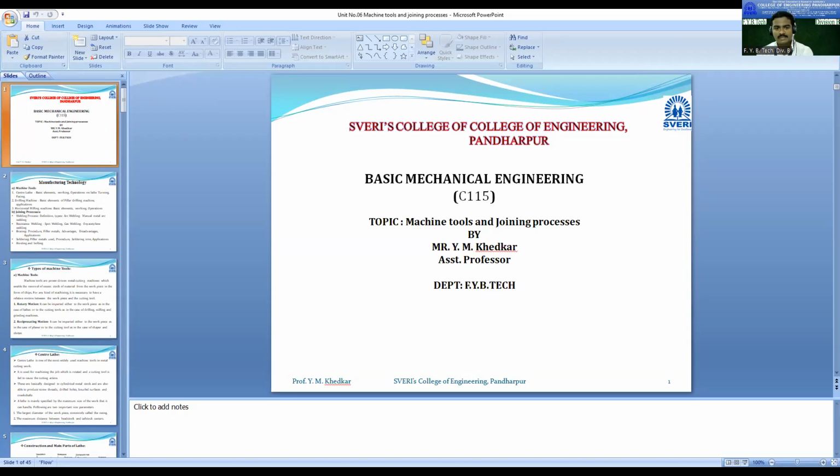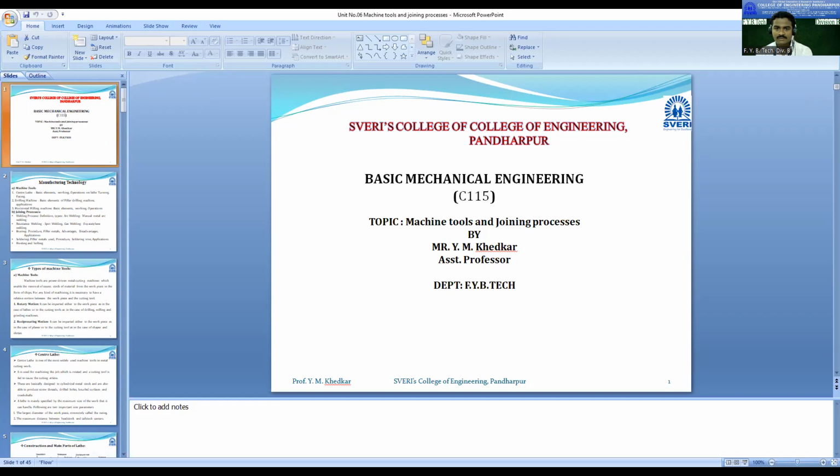Then under the category of fusion welding, it is also classified as arc welding, gas welding, and manual metal arc welding. Then resistance welding will come under the category of pressure welding. Am I right? So we'll see one by one.